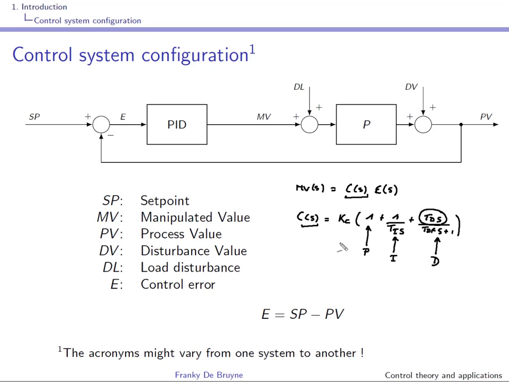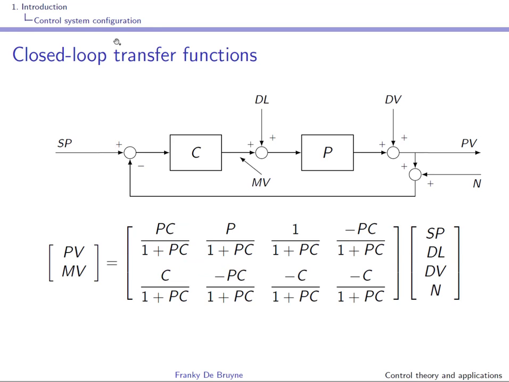What you see here on the screen is the control system configuration that we have introduced before, but we have added a signal N, which is meant to mimic the effect of measurement noise. So this is the actual PV, and this is the PV that is sensed, that is coming from the sensor. So it's the actual PV plus measurement noise.